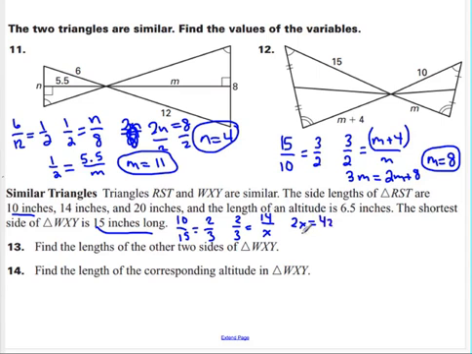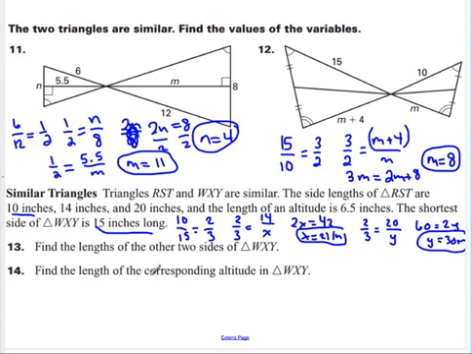Divide both sides by 2, and x equals 21 inches. So that's one side length. Again, we'll use 2/3, and this other side length is 20 over y. If I cross multiply, I have 60 equals 2y, or y equals 30 inches. So those are the two side lengths.